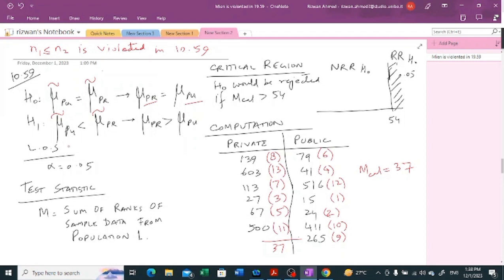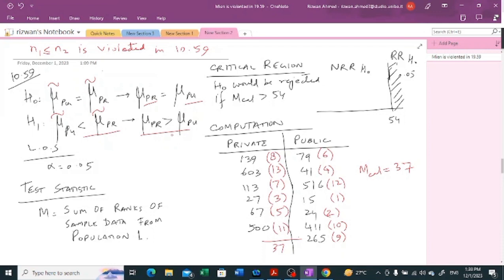Originally the test that we are asked for is a left tail test, and when we change the order of the data, we have to consider it as a right tail test.